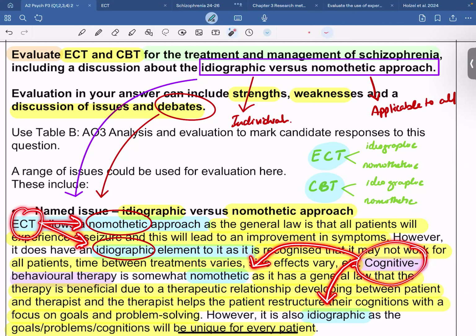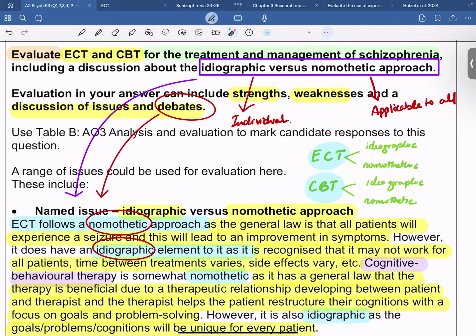To begin with, ECT follows a nomothetic approach, as the general law is that all patients will experience a seizure and this will lead to an improvement in symptoms. That's the principle around which ECT revolves. The idea is that you're passing electric current so that the individual, in a very controlled and supervised environment, experiences a seizure.